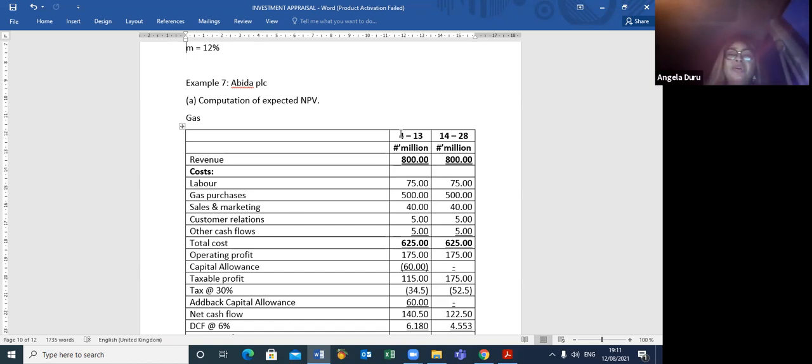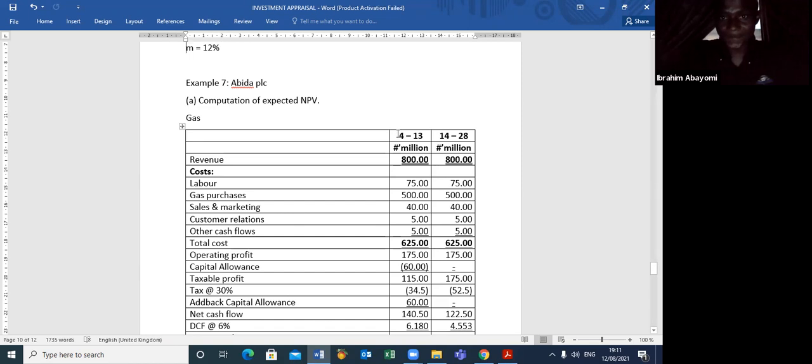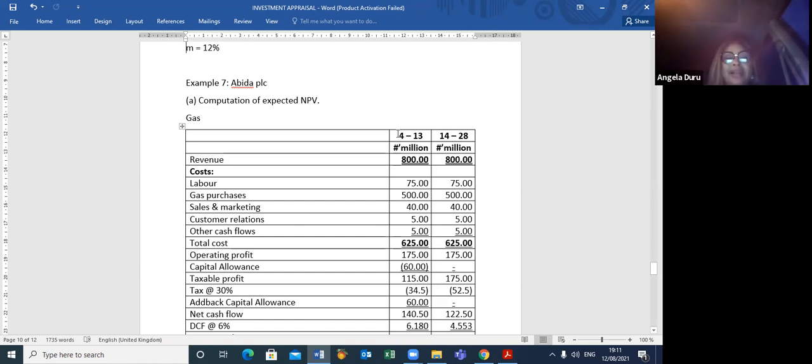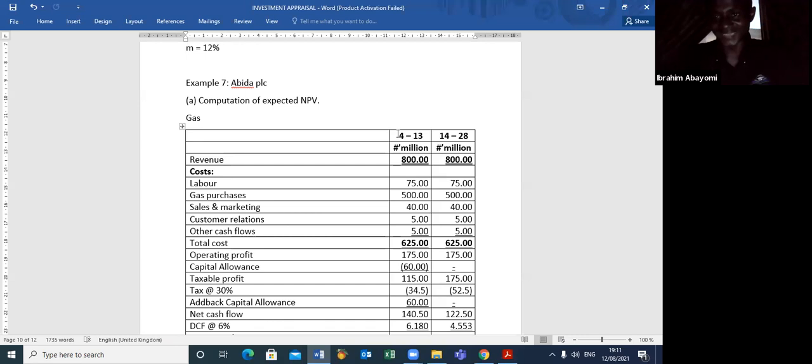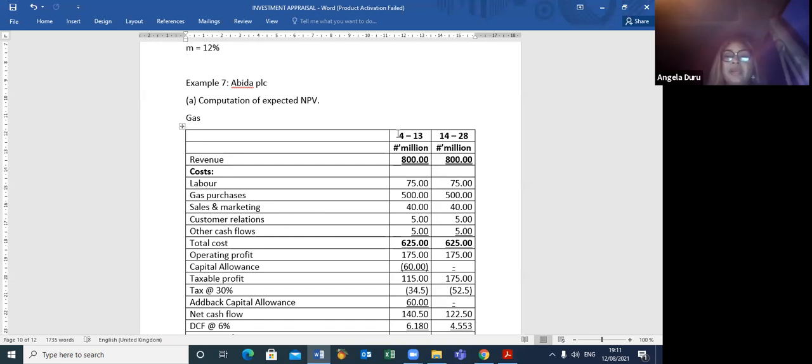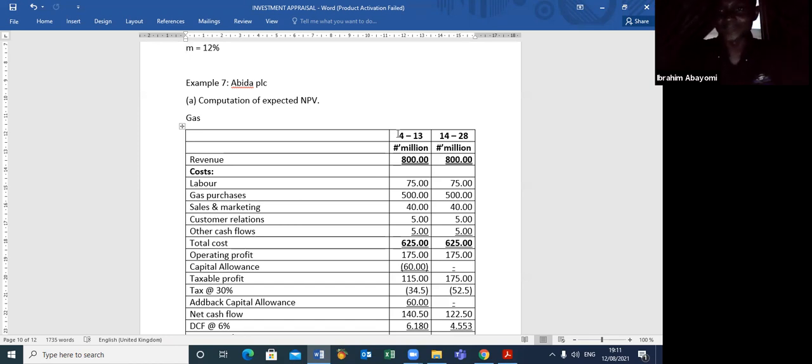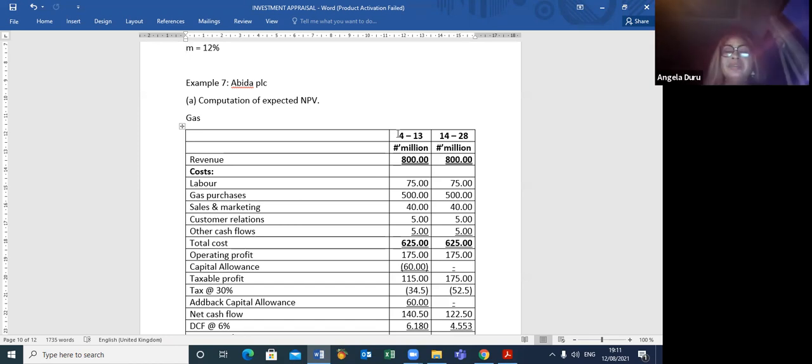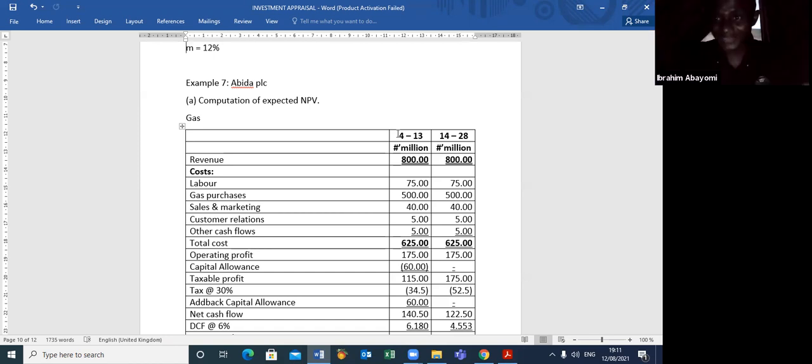Partially, 4 to 13 years. Yes, that is 4, 5, 6, 7, 8, 9, 10, 11, 12, 13. That's 10 years. Then 14 to 28 is 15 years. So 10 plus 15 is 25 years of the project.